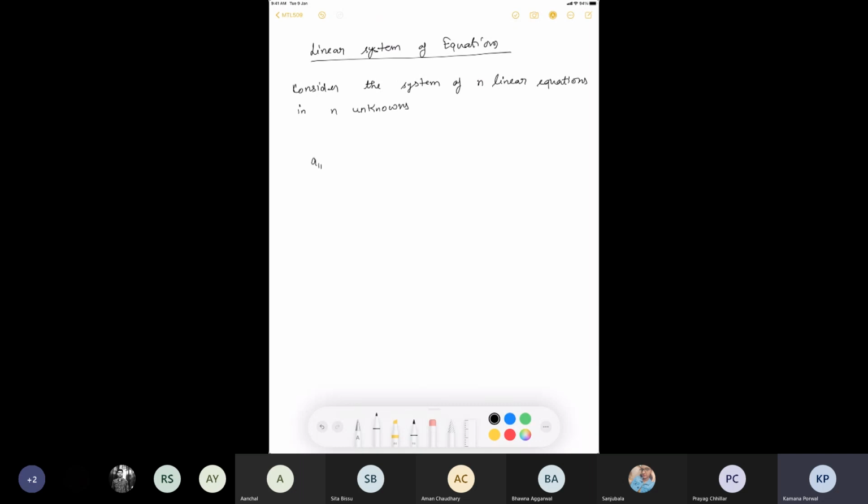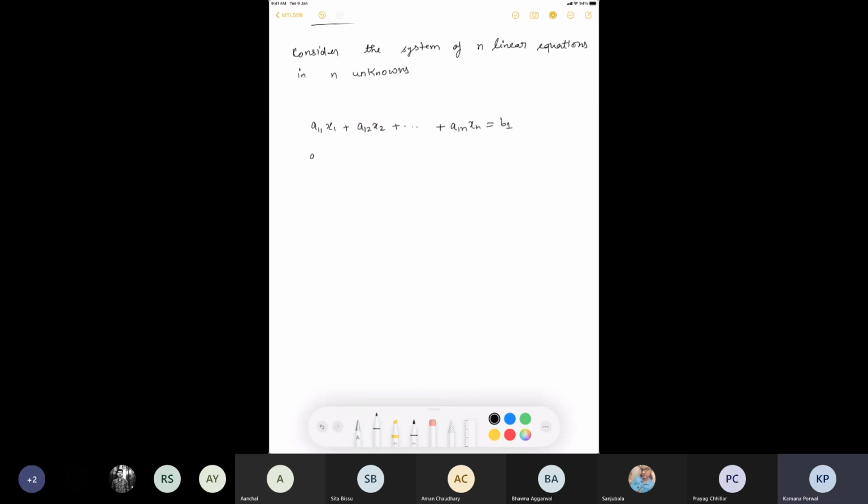The first equation is a11x1 plus a12x2, and the last entry in this equation is a1n xn. This is equal to b1. The second equation is a21x1 plus a22x2 up to a2n xn.